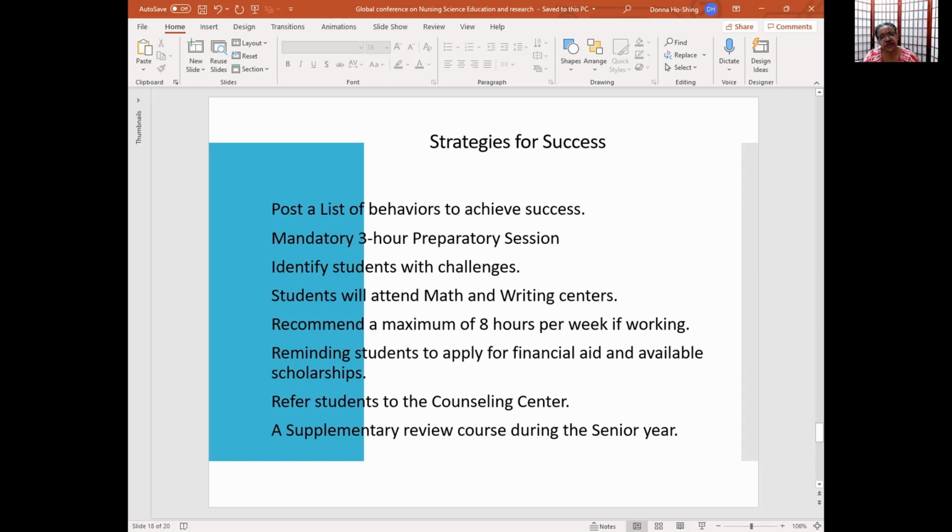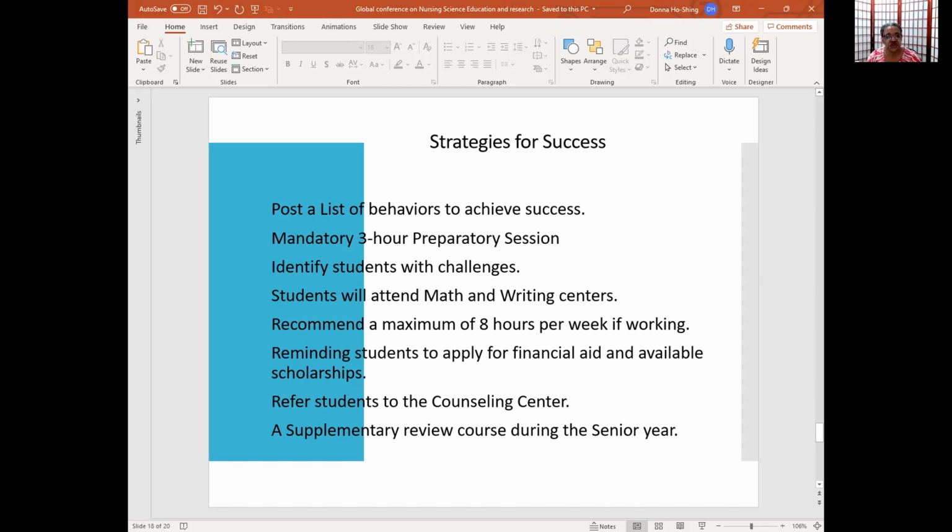We also implemented the HESI A2 exam to identify students with challenges and provide advisement for them. And look at students in courses from that point in time to see who might not be doing well, and ensure that they got advisement to achieve success.